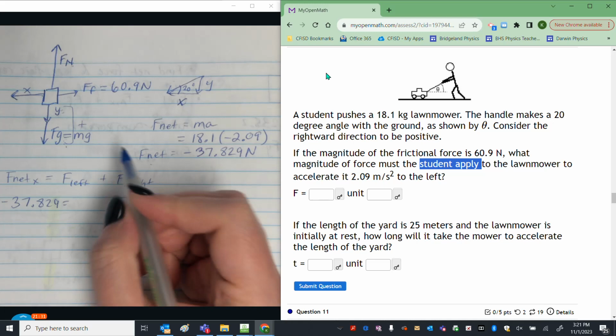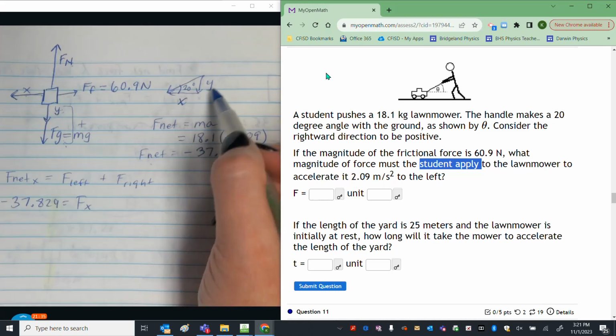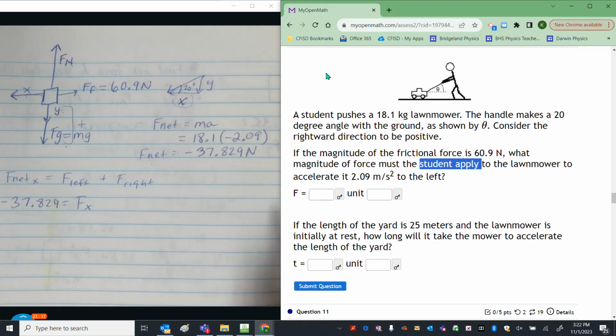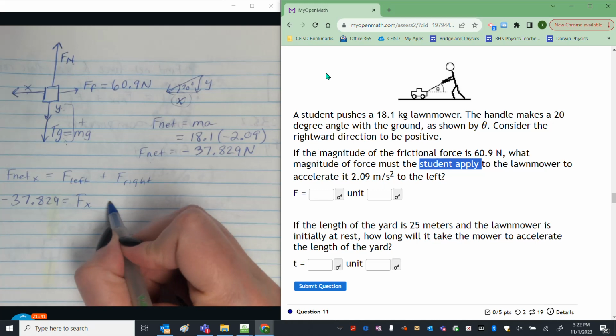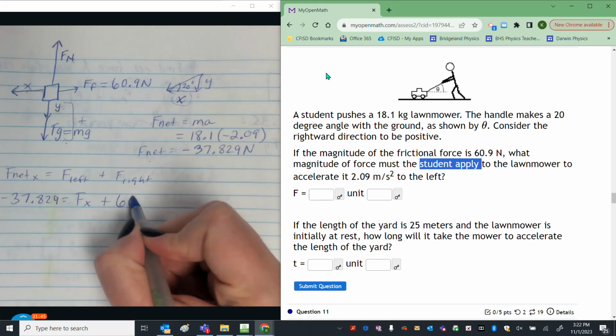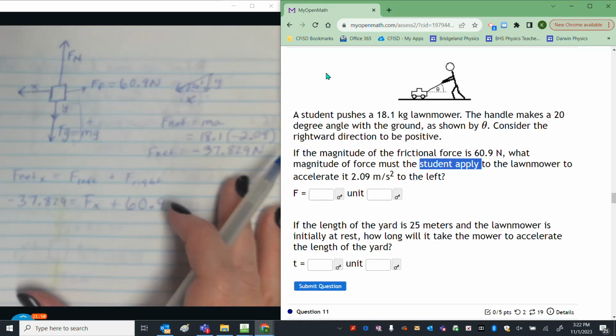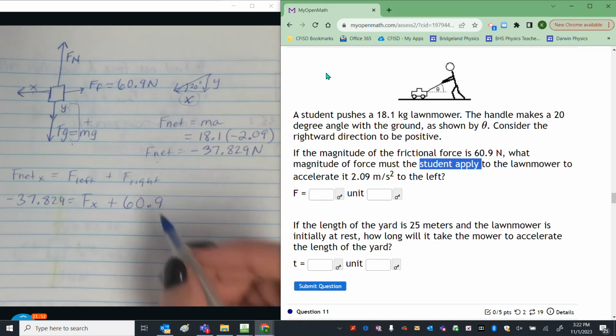37.829. It is equal to my force to the left, which is the x component that I drew here. Again, that's from this diagram here, since he's pushing both down and to the left. That's this one, plus my force to the right, and I have the value for that one. It's the force of friction, but it's to the right, so it's a positive number right now. So if I want to determine what Fx is, I need to isolate this.